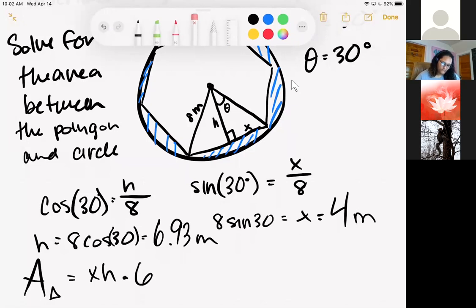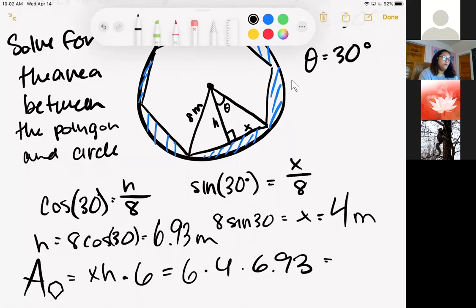And then that would be the area of the polygon. And I got like 166.28.